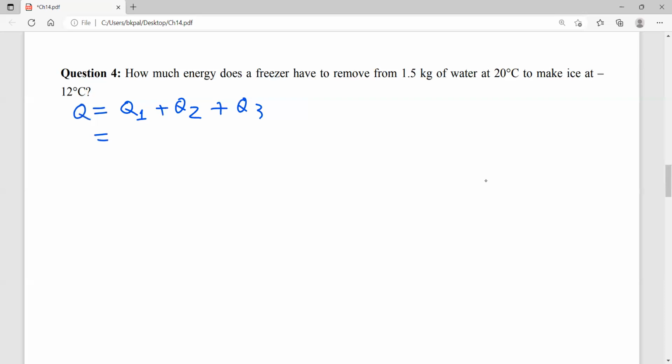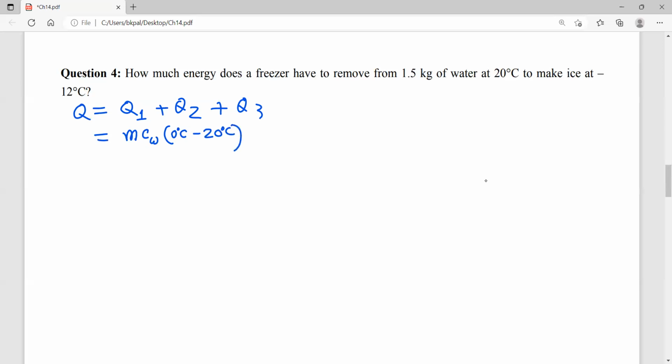Q1 is the heat to decrease the temperature of the 1.5 kilogram of water from 20 degrees Celsius to 0 degrees Celsius. The mass is the same for all of Q1, Q2, and Q3, and then c will be the water's specific heat, and delta T will be final 0 degrees Celsius and initial 20 degrees Celsius.